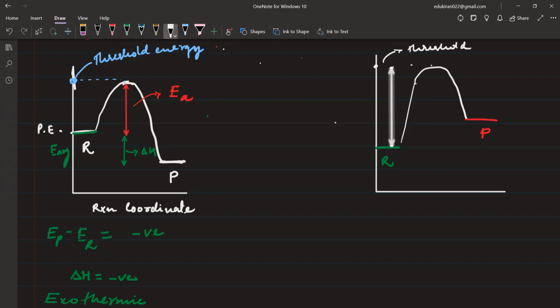This is your activation energy. This is the delta H. Here you can say E product minus E reactant will be equal to positive. Delta H is equal to positive. Reaction will be endothermic.